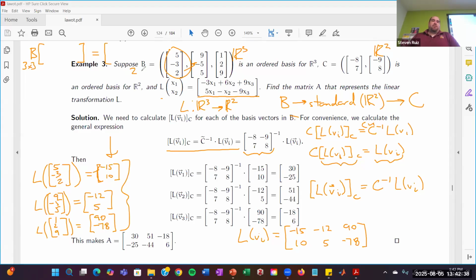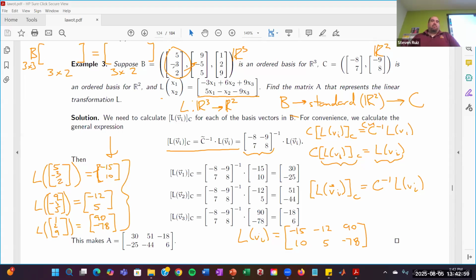So this better have 2 columns in it. But because we're multiplying a 3 by 3 matrix times something, it's going to have 3 rows. So we're multiplying a 3 by 3 by something to get to a 3 by 2. So this matrix right here should also be a 3 by 2.